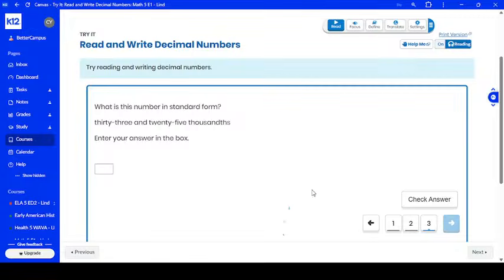And remember, "and" is the decimal point. 10, 9, 8, 7, 6, 5, 4, 3, 2, 1. The answer is 33 and 25 thousandths.